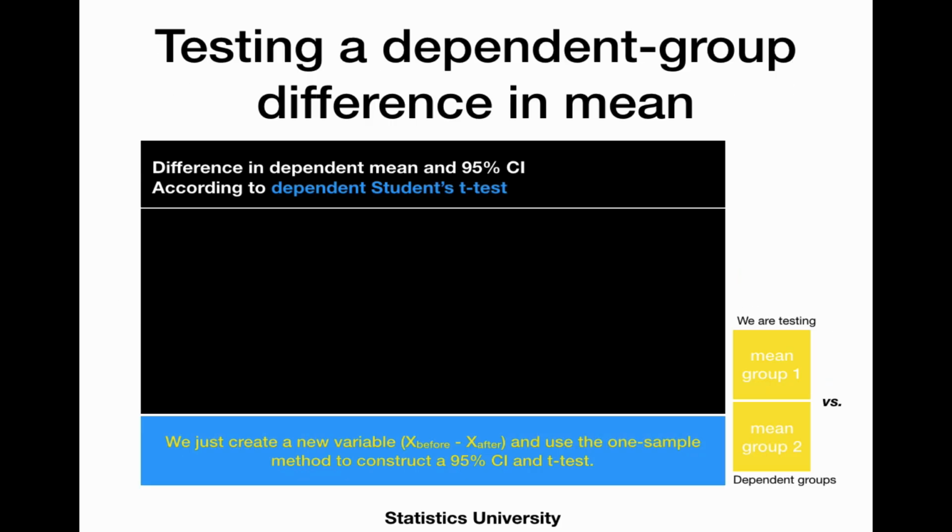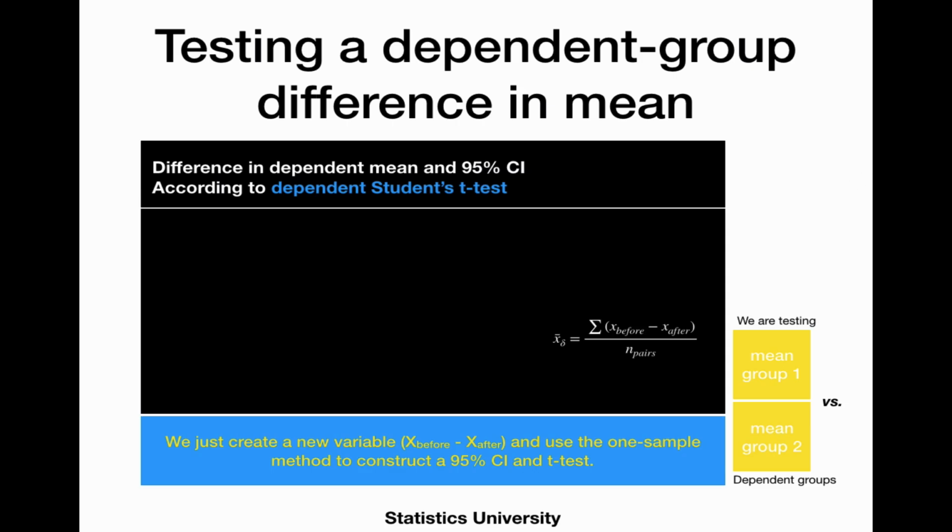So first, what we're going to do is create a new variable where we subtract the value of group 1 or time moment 1 from the second group or time moment 2. And then we have a new variable that depicts the difference between both, and use the one sample approach to construct a 95% confidence interval and t-test.